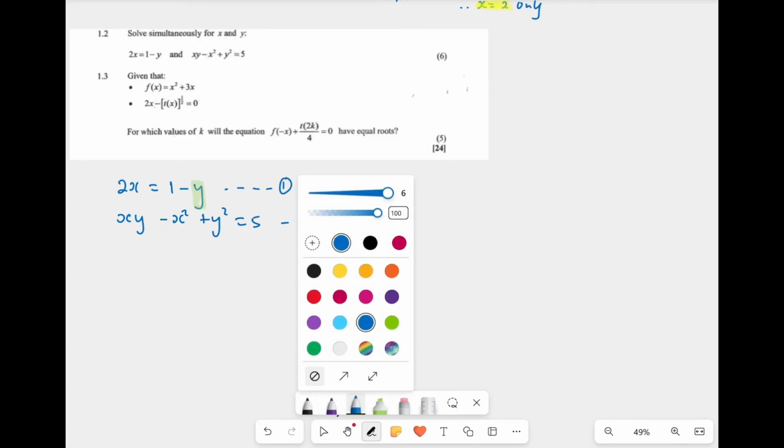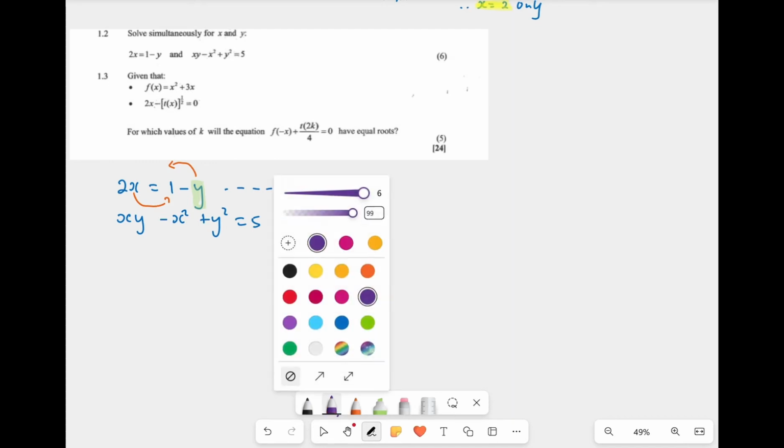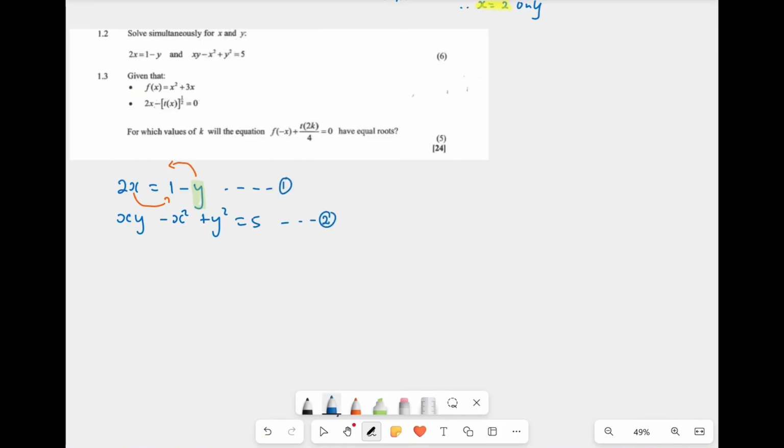So with equation number 1, I am going to take y to the left so that it becomes positive, and then I will take my 2x to the right so that y is the subject of the formula. Now I am going to have y is equal to 1 minus 2x, and then I will call this equation number 3. Now I am going to substitute equation number 3.